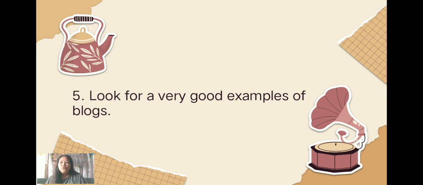The last one is to look for very good examples of blogs. There are online and print publications that review blogs, and you can use the information to guide your students towards getting good models of blogs.